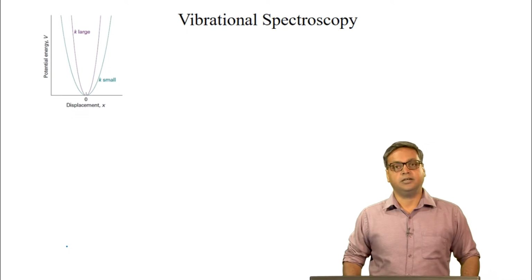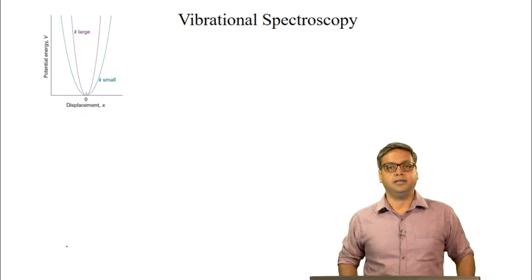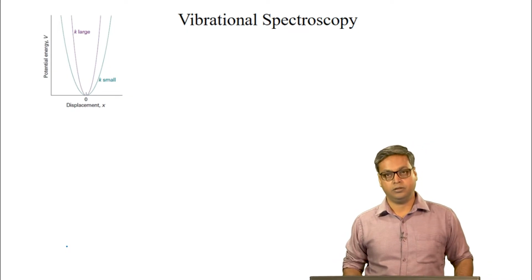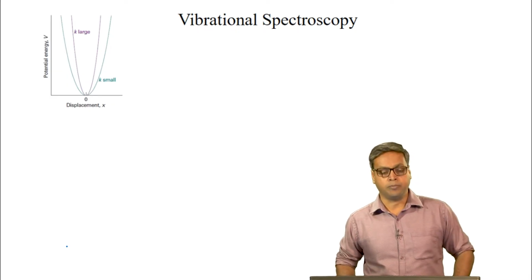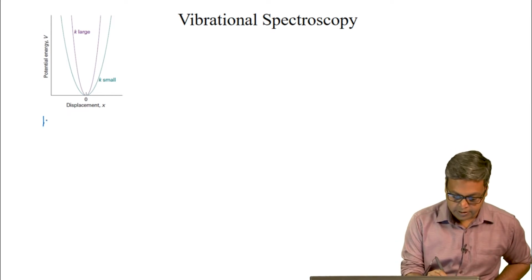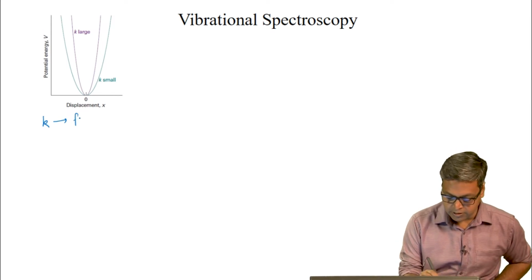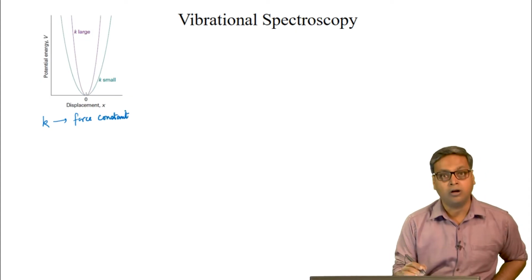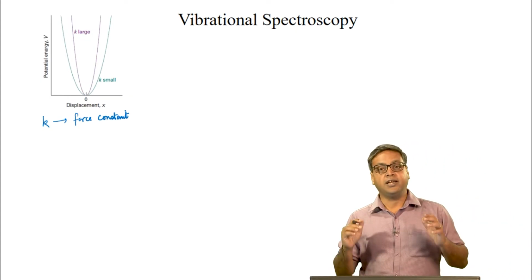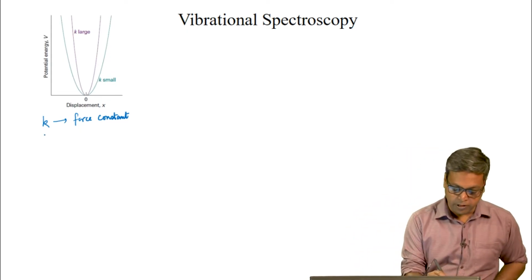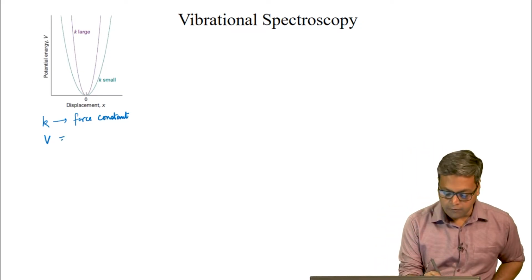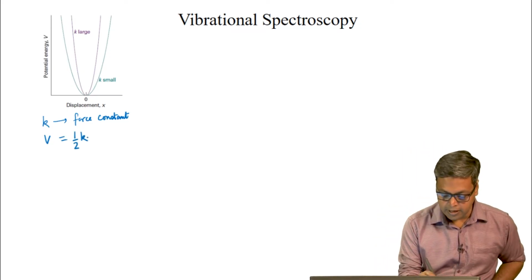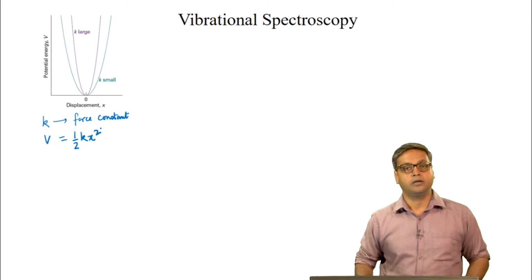In the last lecture, we started discussing vibrational spectroscopy. We saw that if K is the force constant of the bond, the potential energy, represented by V, can be written as half K x squared.